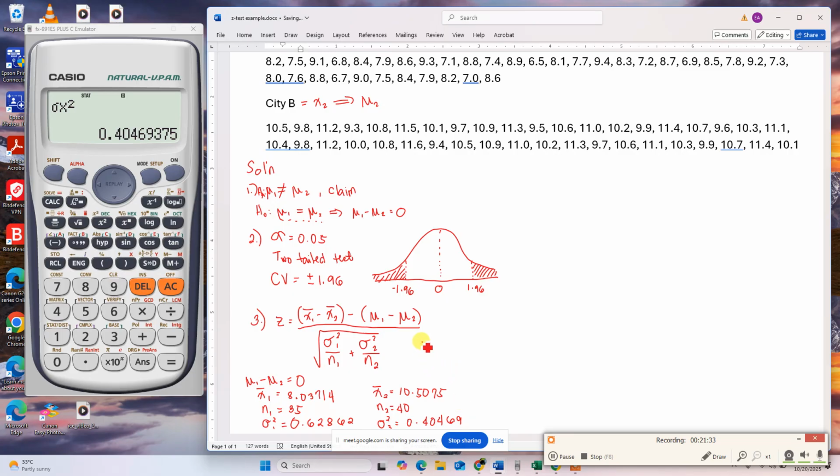We have now the values of every variable in the formula. So what we're going to do is substitute.